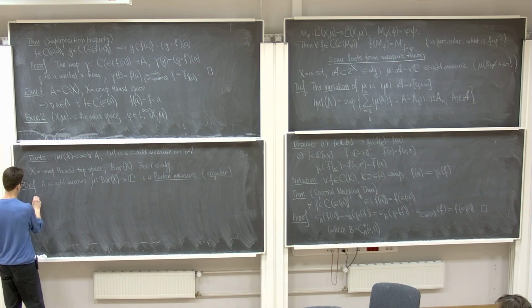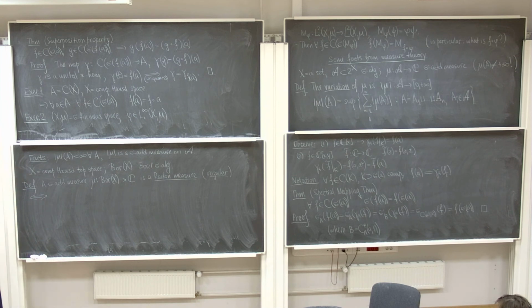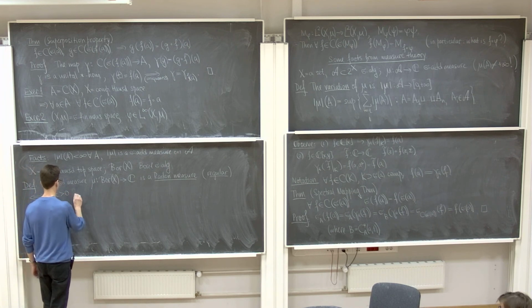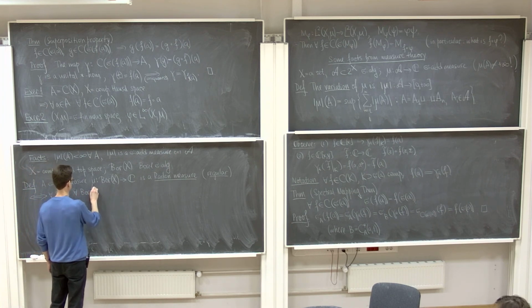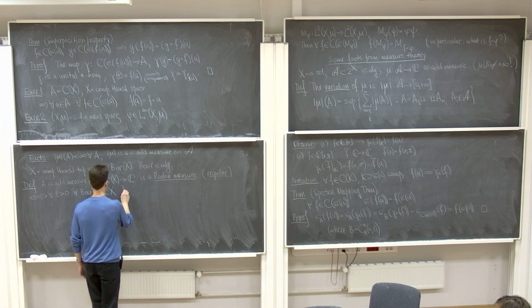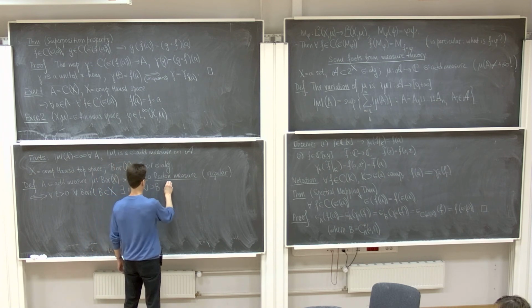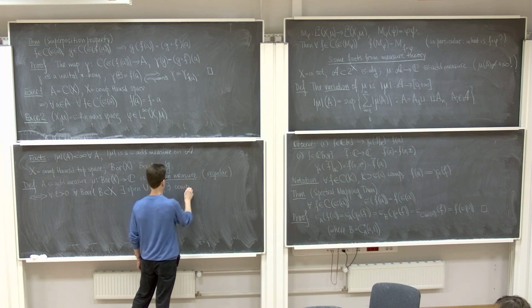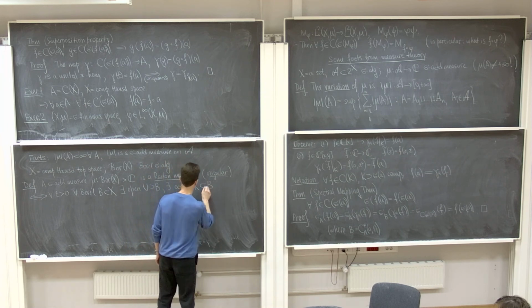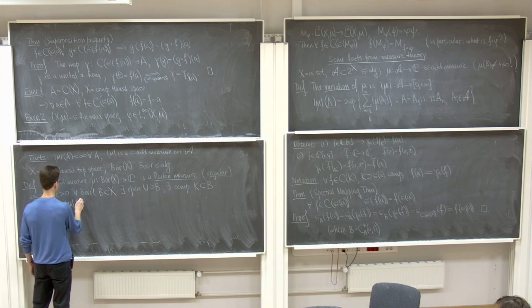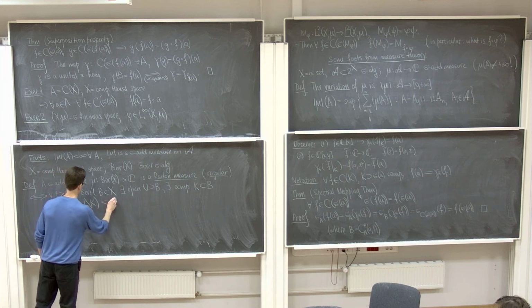If the following condition holds. Roughly, the condition is that each Borel set can be approximated by open sets from outside and by compact sets from inside. So for each positive epsilon and for each Borel set B in X, there exists an open set U containing B, and there exists a compact set K, which is contained in B, such that the variation of U minus K is less than epsilon.